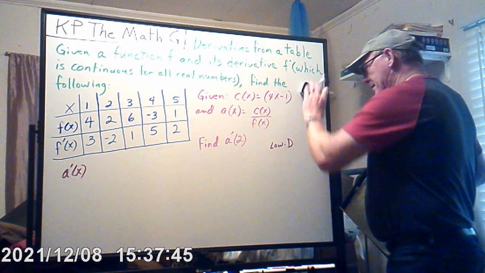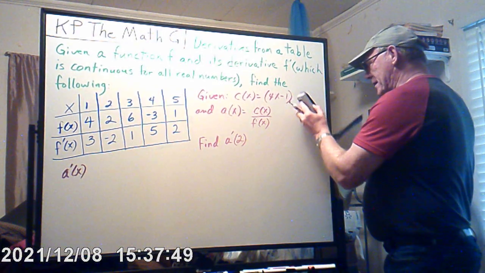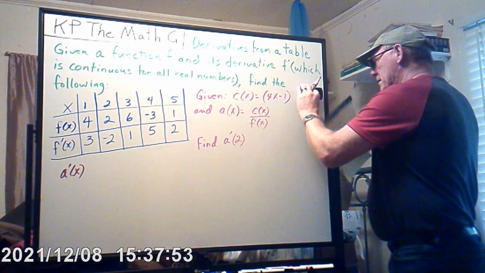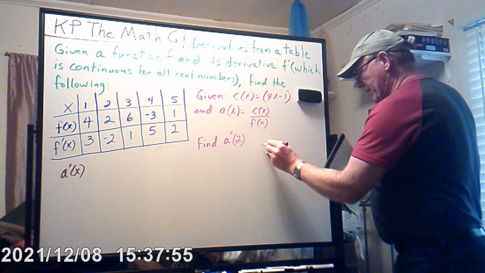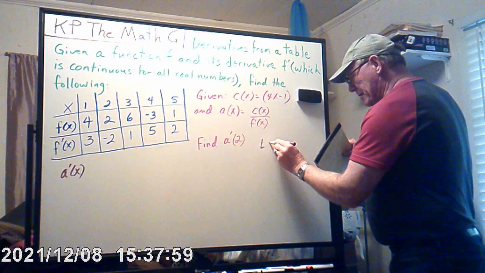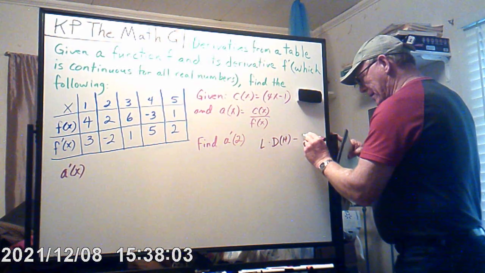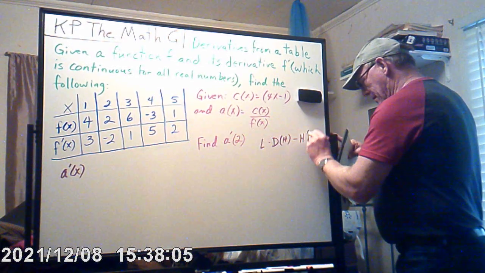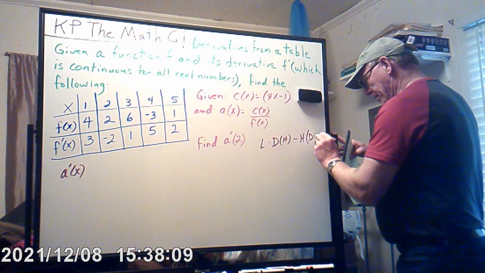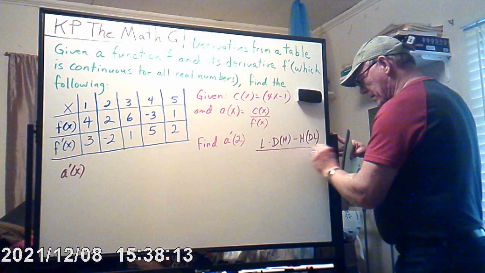Let's do it. Alright, so it would be, whoops, I think the derivative would be low d high minus high d low, over low squared.